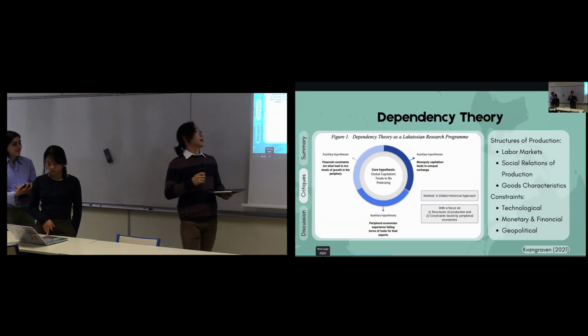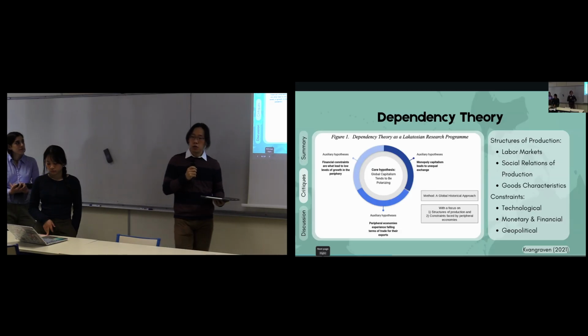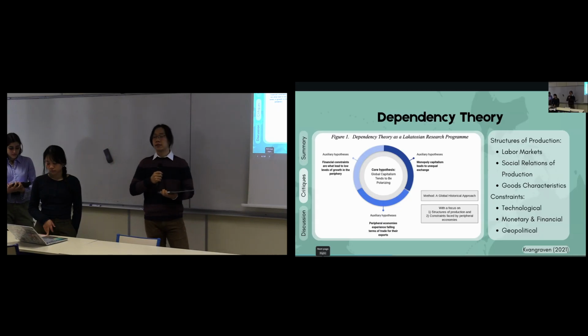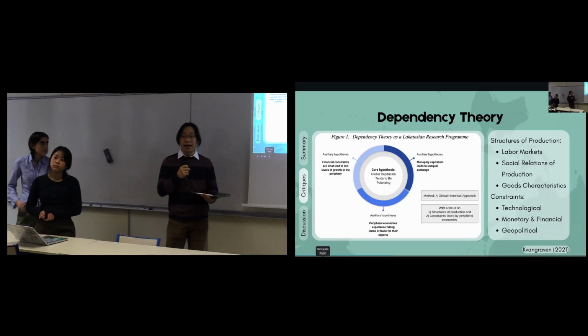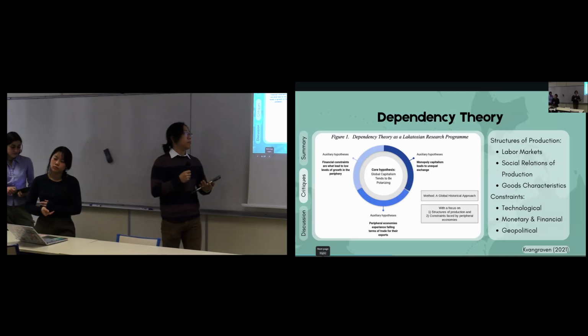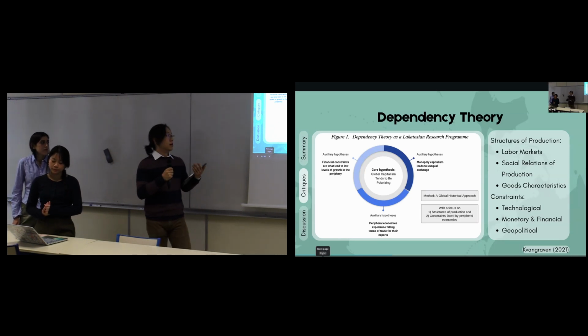And when we look at dependency theory and its related unequal exchange overall, I found this very nice paper by Kvangraven in 2021 that creates an overarching framework of what dependency theory and its related hypotheses entail. It makes the core hypothesis that global capitalism tends to be polarizing.